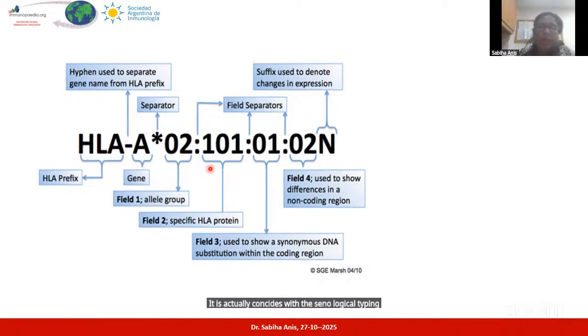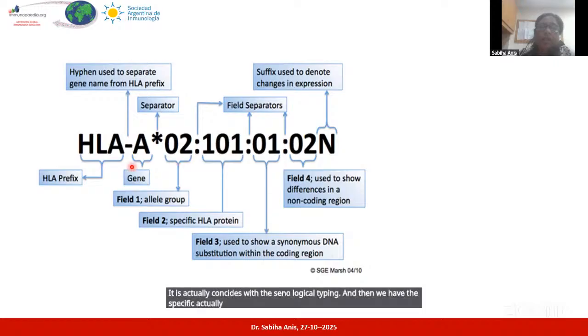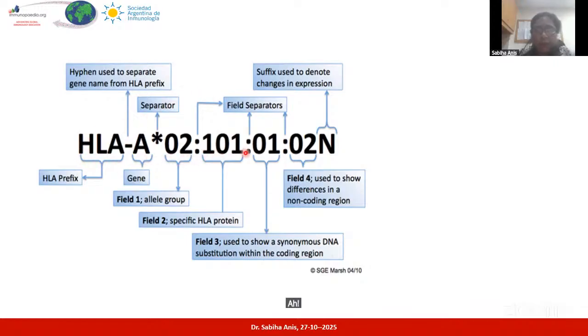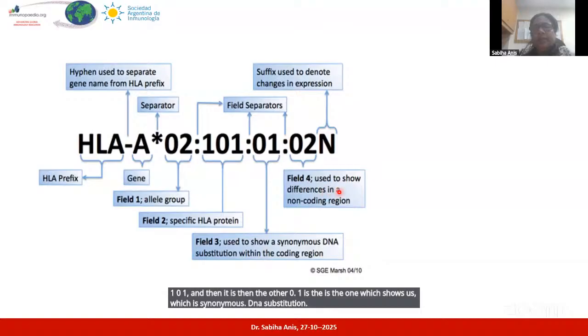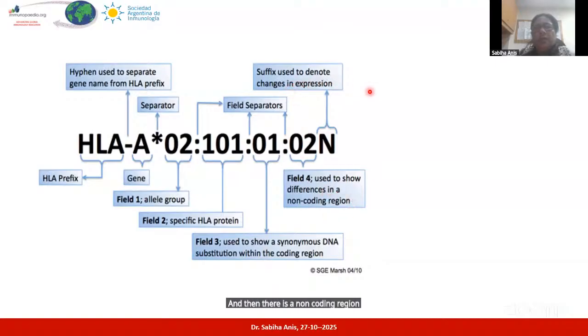And then we have the specific HLA protein. So in this case, it will be HLA 02:101. And then the other 01 is the one which shows a synonymous DNA substitution, and then there is a non-coding region suffix, used to denote changes in the expression.